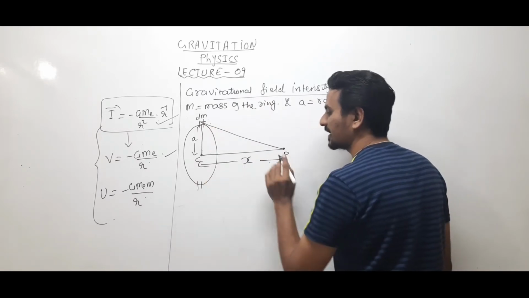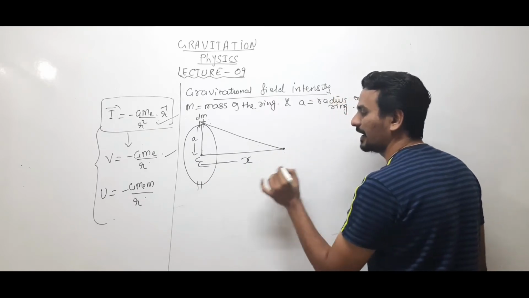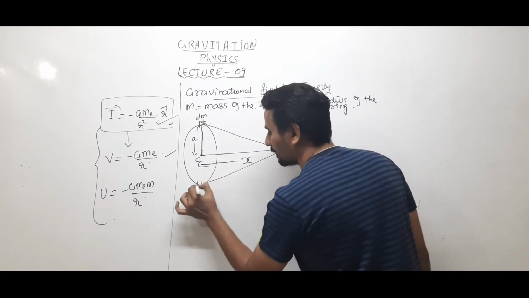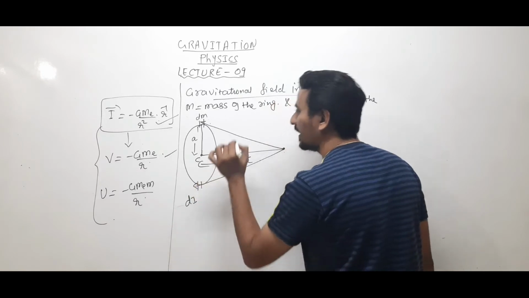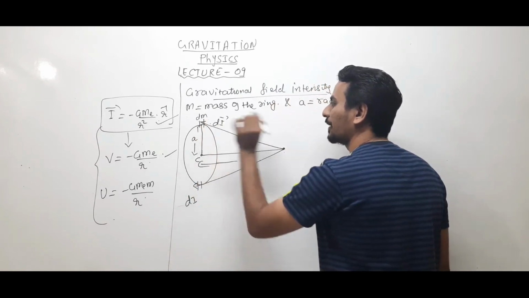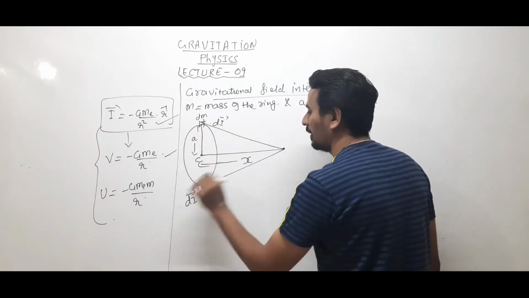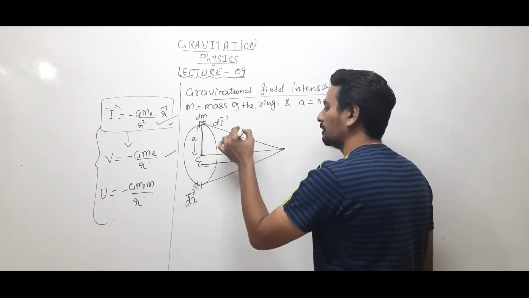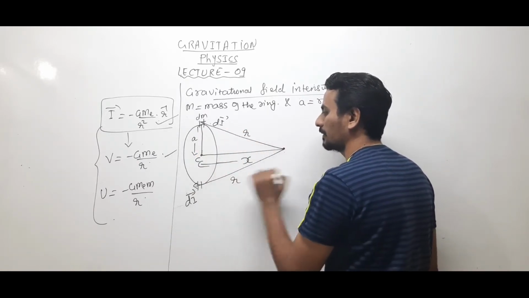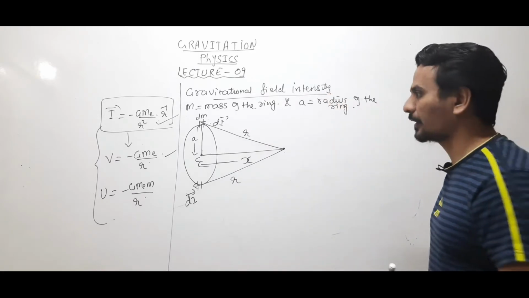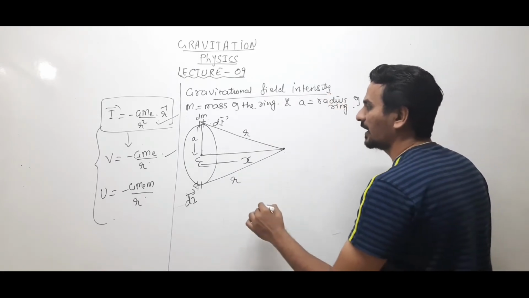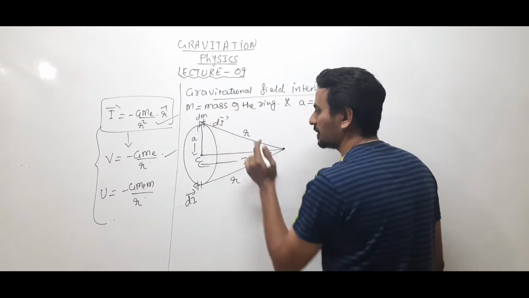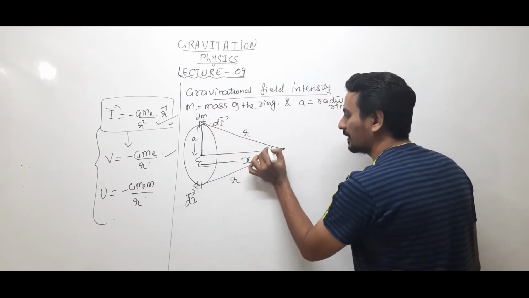On the opposite side also we'll consider a mass dm. Again, let dI be the gravitational field intensity because of this mass dm. Let this distance be r. So dI is in this direction, and let it make an angle theta.